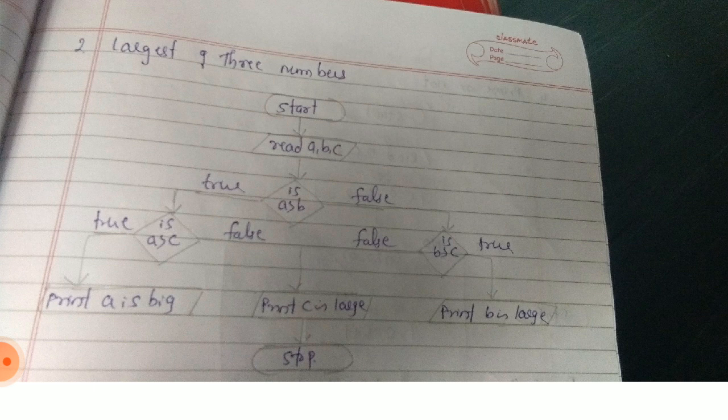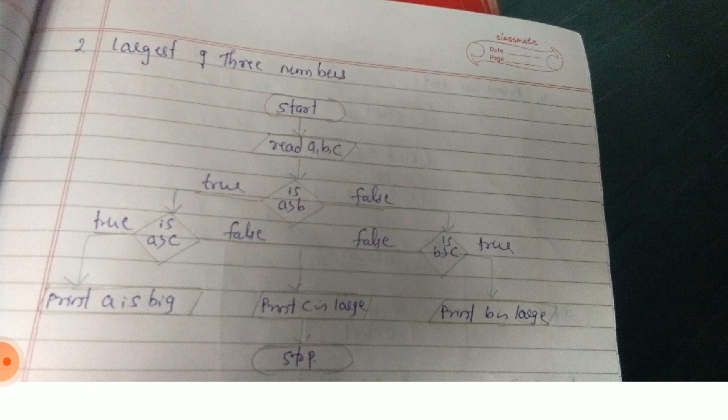If both conditions are true, both conditions are satisfied, say if you take 10, 5 and 2, 10 is greater than 5, 10 is greater than 2. In both cases the condition is true, then what should it print? Print A is big, and stop.